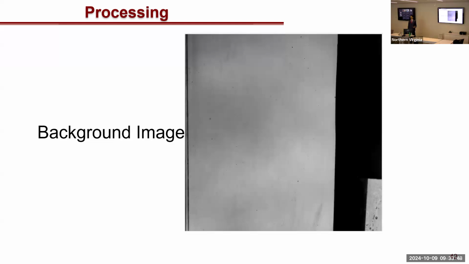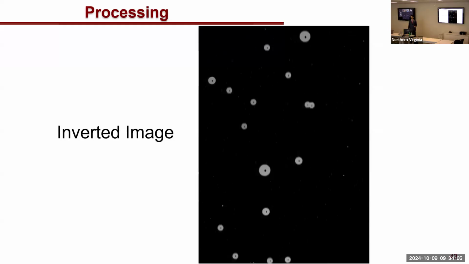We then obtained a background image by looking at the pixels that remained very similar from frame to frame. We took 100 frames and saw which pixels remained very similar. Then in order to invert the image, we subtracted the raw image from the background image to get this. We then, as said before, saturated it to increase the contrast.